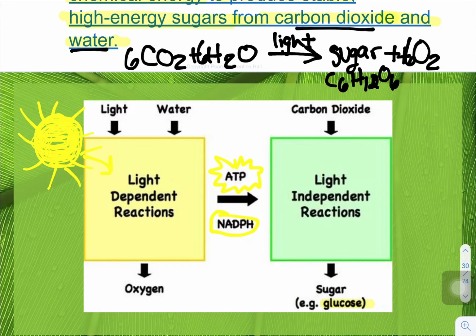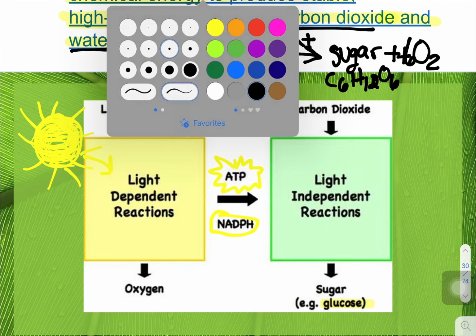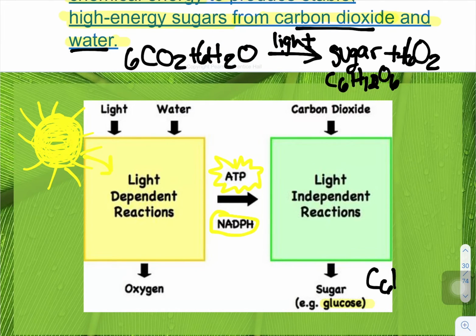And remember, glucose is C6H12O6, right? So if you can remember the steps of this little diagram right here, then you have successfully learned all of the steps that you need to know for photosynthesis.